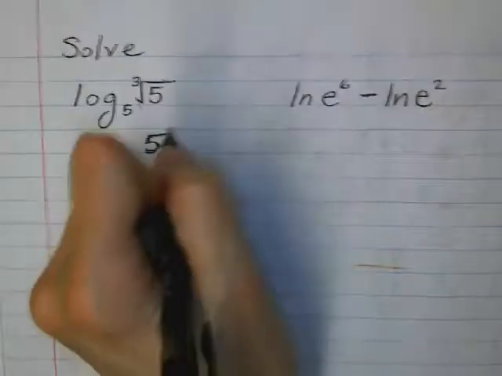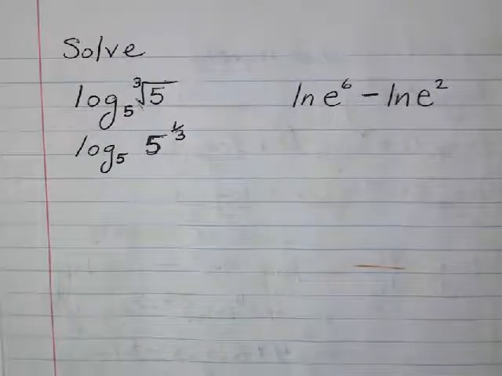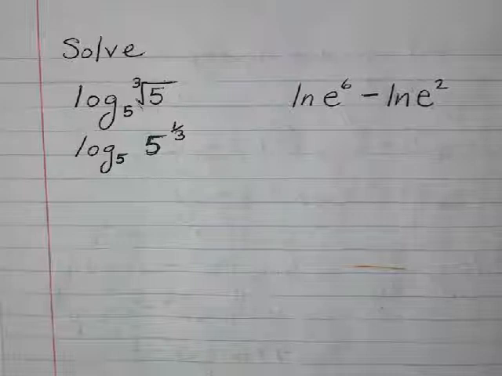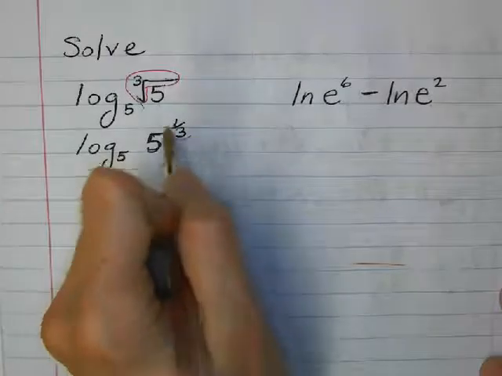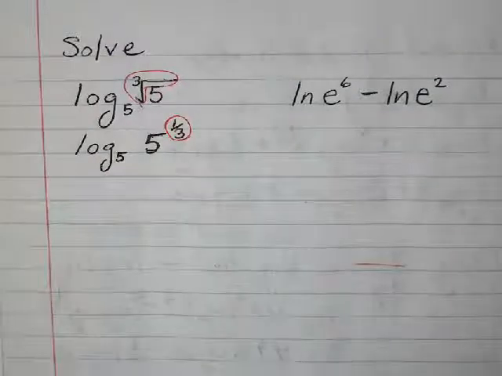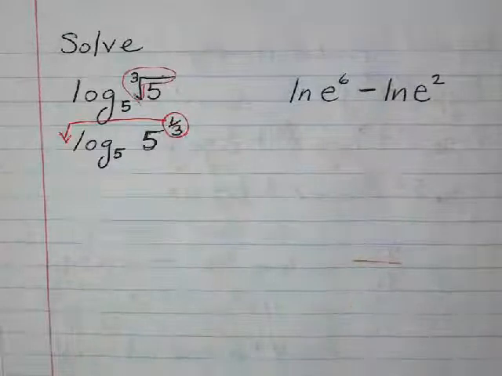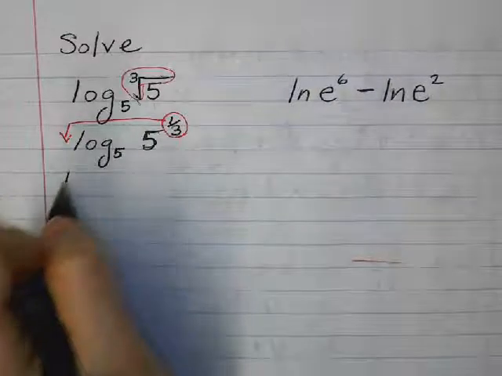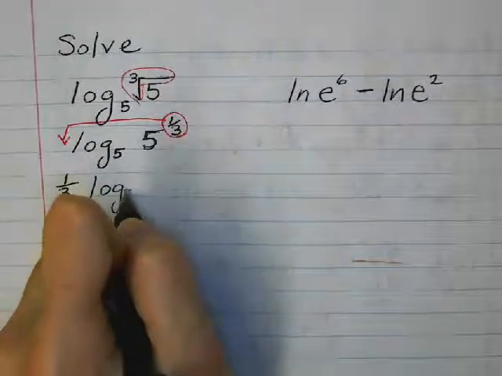Yeah, 1/3 power. Good job. So you want to think of that box around this as 1/3 power, because then you can do the power property we just learned, and you can bring that 1/3 out in the front. So then you have 1/3 times log base 5 of 5.